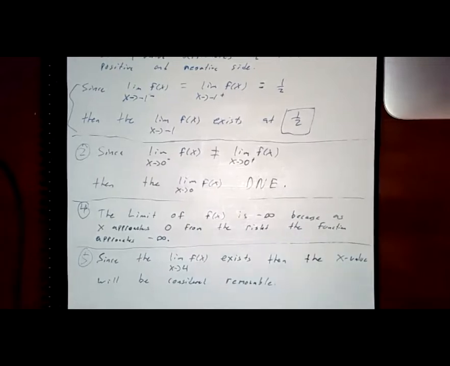So if the limit exists, then it is removable. If the limit does not exist from both directions, they're not equal, then I would say it's not removable. I think that is the easiest way to explain what's going on with number 5 here.